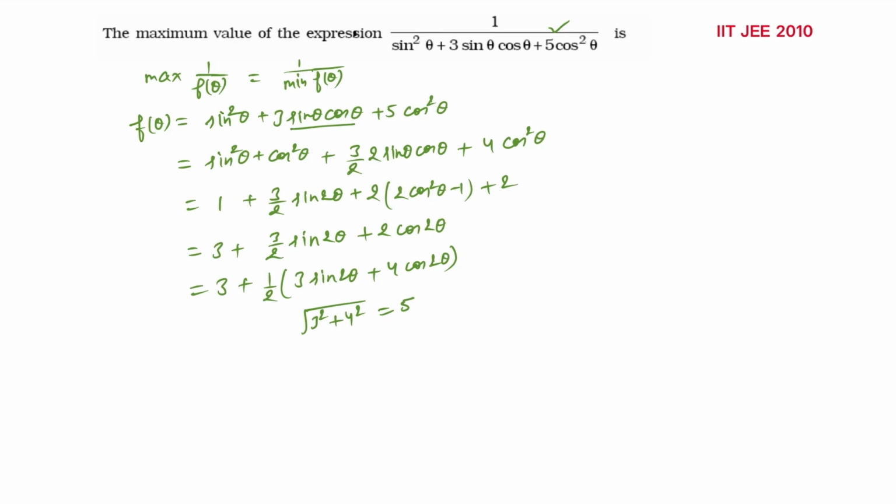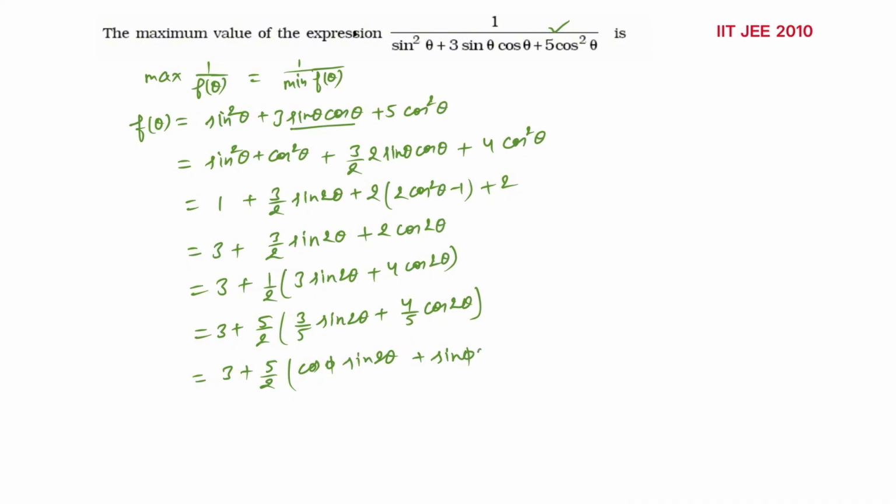So let's do that. So we have 3 plus 5 over 2 into 3 by 5 sin 2 theta plus 4 by 5 cos 2 theta, and we can write it as 3 plus 5 over 2 into cos alpha sin 2 theta plus sin alpha cos 2 theta.